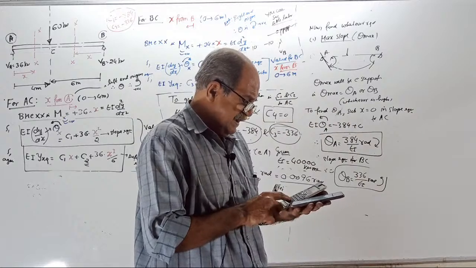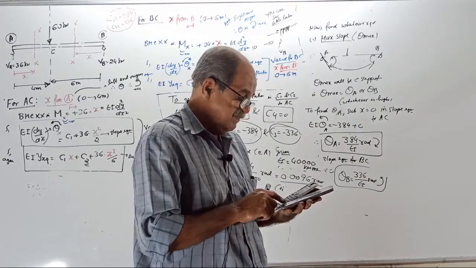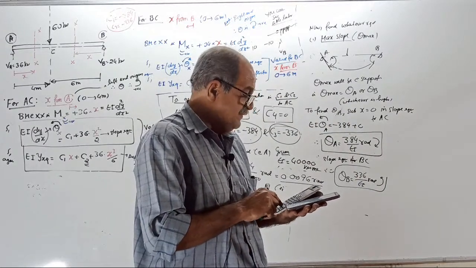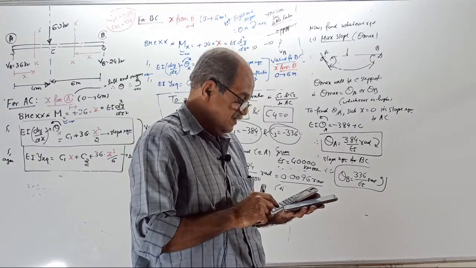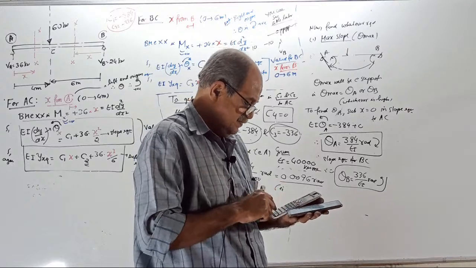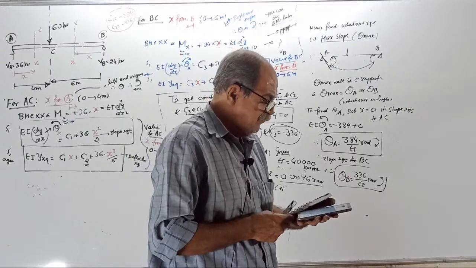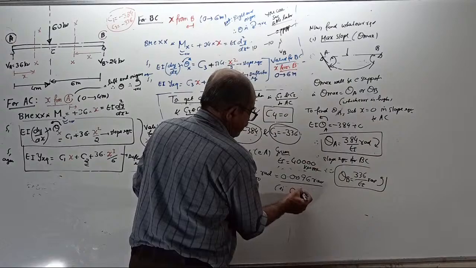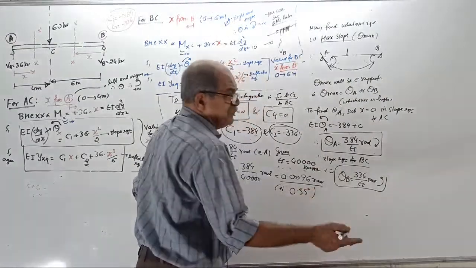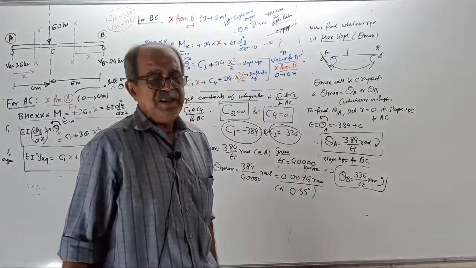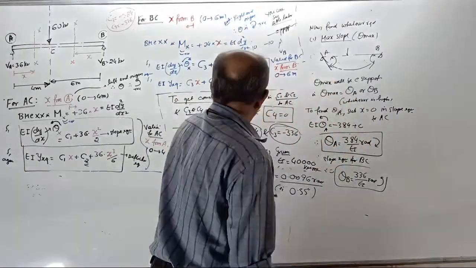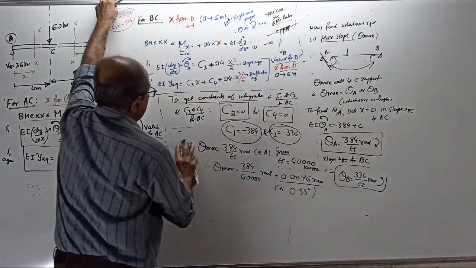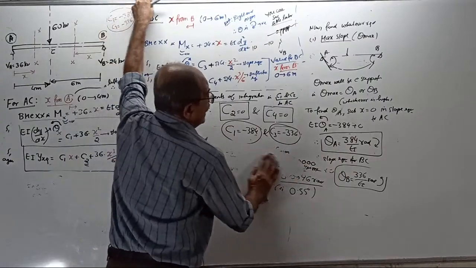Tell me how much in degrees? It is 0.55 degrees, almost half a degree. Over. This completes the maximum slope.